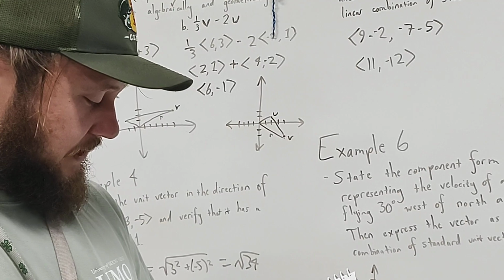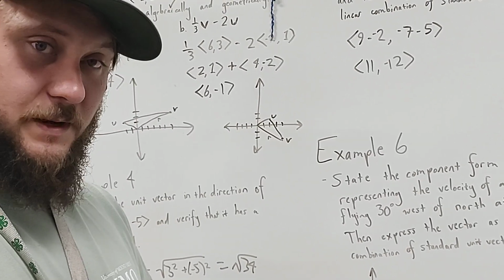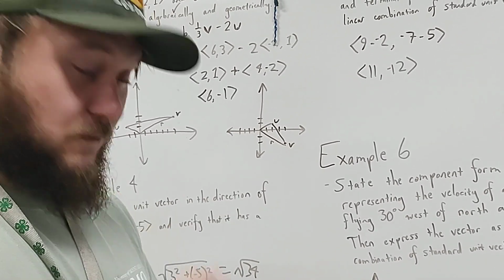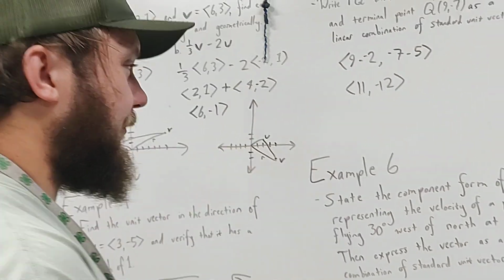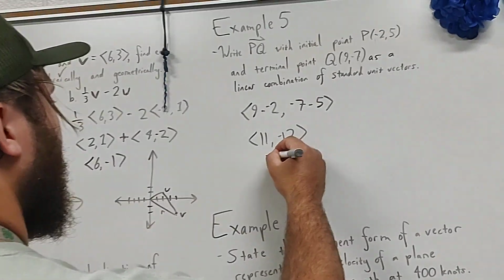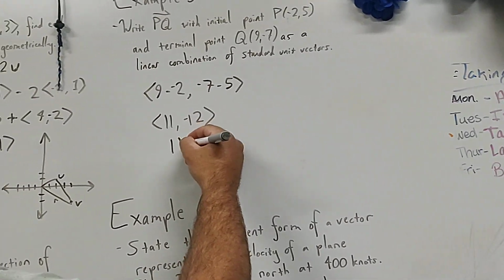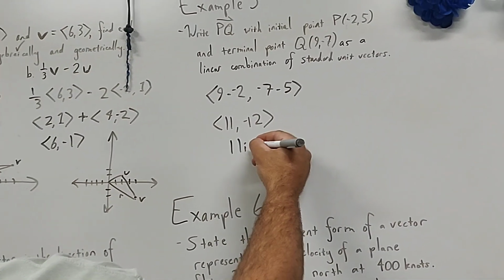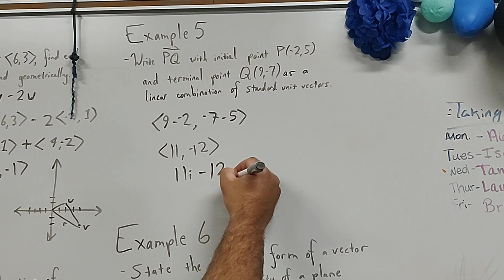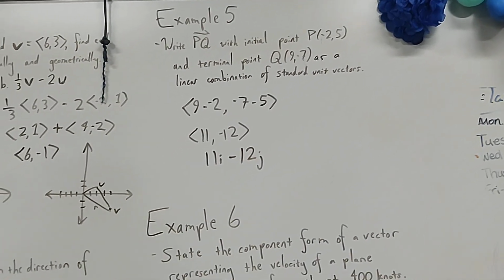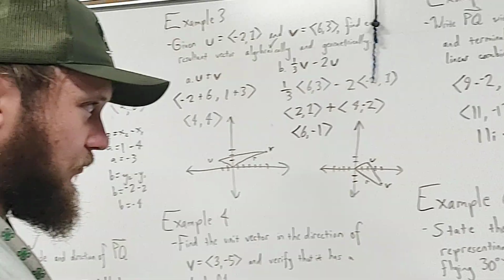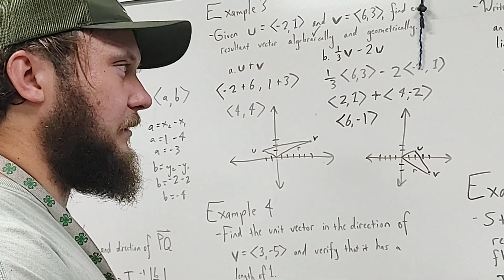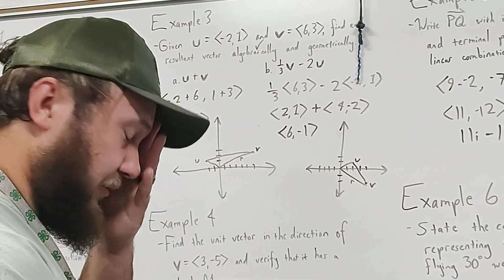So essentially, every time you see linear combination, that's what it wants us to do, to write it in this weird form. It goes back to some three-dimensional math that a guy in England developed back in the 1800s. So 11i minus 12j. This is kind of another way of expressing three-dimensionality without having to refer to imaginary numbers.